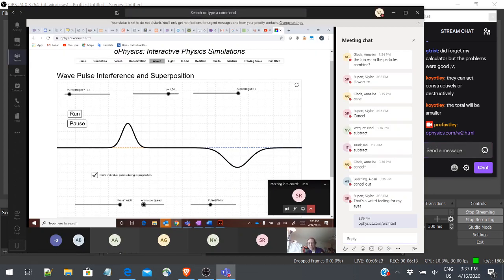Okay, so this process, let me see if I can pause this at a certain moment. Okay. So you have the height at any given point of the blue one, which would be like +2, and then the height at that moment of the red one, which would be like -2 and a bit, and the result is going to be negative that bit.